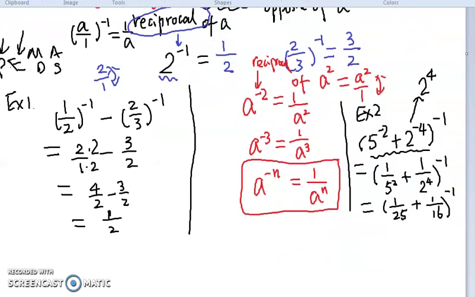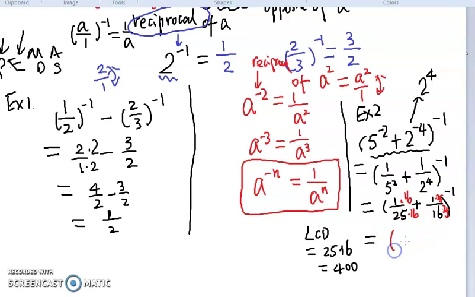Next, we're going to have to add these 2 fractions by making the denominators equal. The common denominator here is going to be 25 times 16, which equals 400. So we multiply the first one, both top and bottom, by 16. The second one, top and bottom, we multiply by 25.